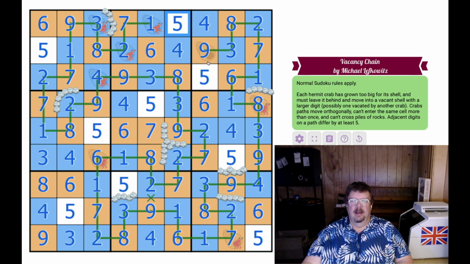I don't remember how I got there, but I knew that what was going on down here I was much more sure of. I was like, okay, let's backtrack that and figure out down here and let this corner resolve itself, which it did, going all the way up into the top right corner.